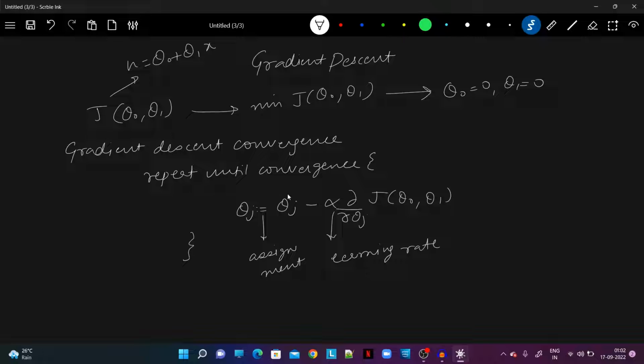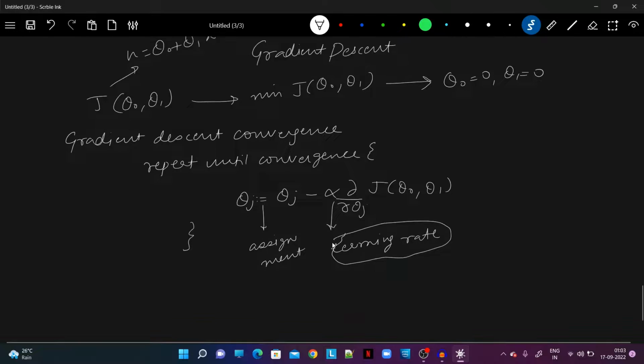Okay, and so by keeping the learning rate small, it converges to the minimum value in a longer duration of time, but it also ensures that it doesn't get stuck over some local minima. So it's very important to understand learning rate, and learning rate is a hyperparameter which you can tune and see if our algorithm can fit even better or not.